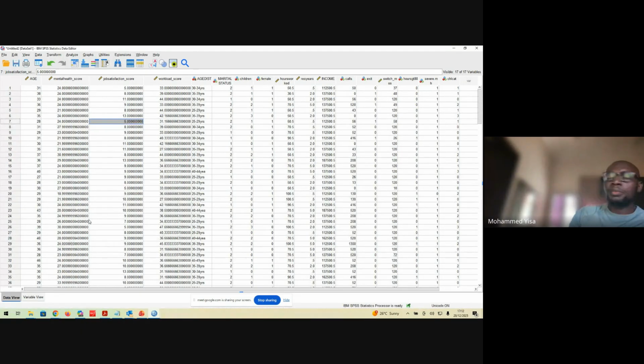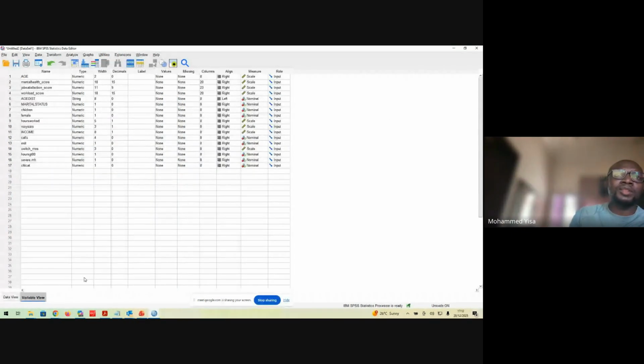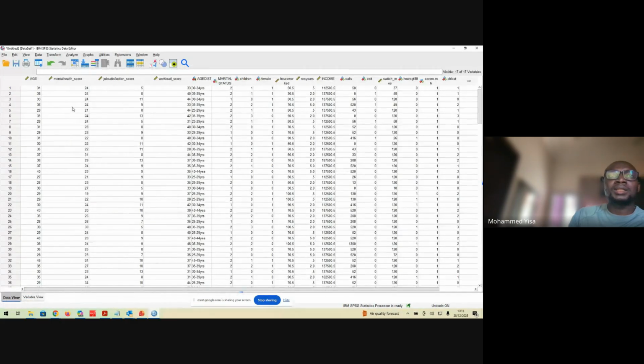But in order to display it, I just want everything to be very clean. So I'm coming to the variable view and setting the decimal places to 0. You don't have to do this. You get the same results either way, but I prefer it to look clean. For the number of hours worked, income and so on, I'll leave a single decimal place. And coming back here, everything looks clean and the data set doesn't look scary anymore.